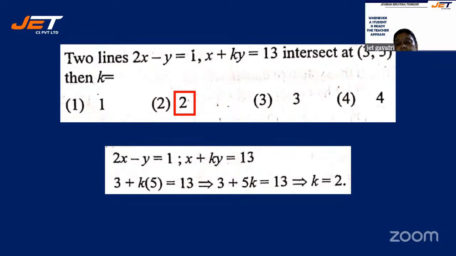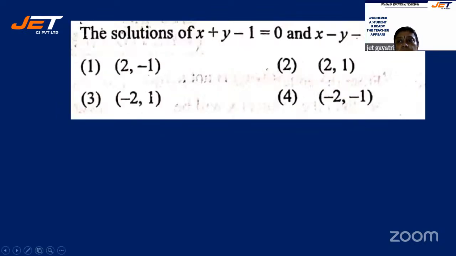We are taking the second equation because the first equation has everything. So x is 3 plus k into y is 5 is equal to 13. When we solve, we get 5k is 10, ending up at k is equal to 2. That is why your option 2 is the correct answer. All right, now let's move on to the next question.